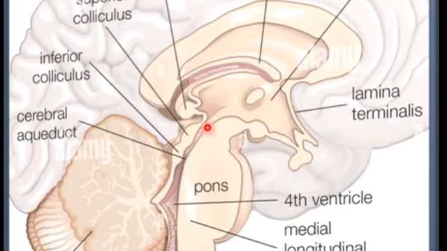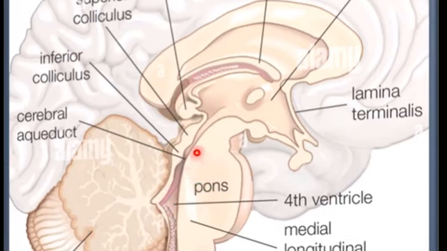This cavity here is a cavity of the midbrain that is called the cerebral aqueduct or aqueduct of Sylvius. Just as we noted in our general introduction on brainstem, this cerebral aqueduct connects the third ventricle here with the fourth ventricle here.